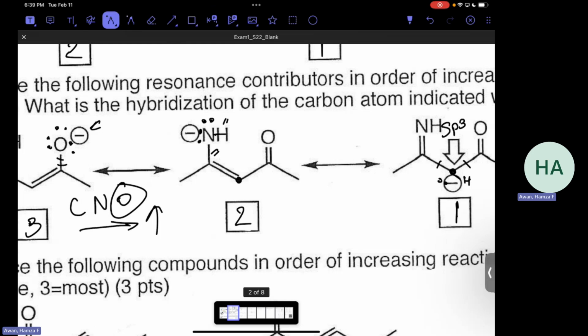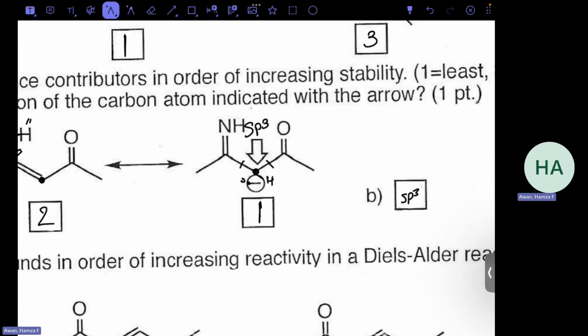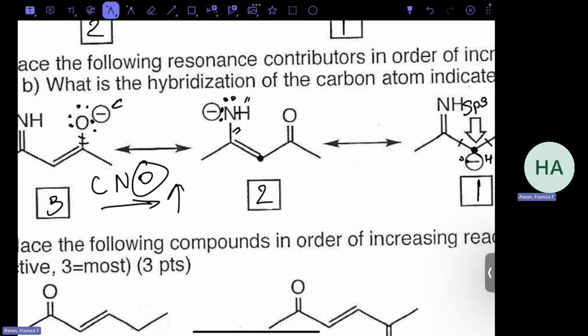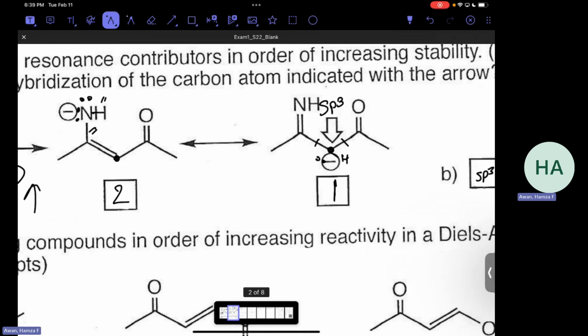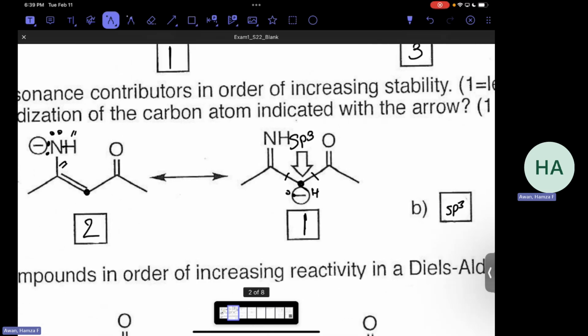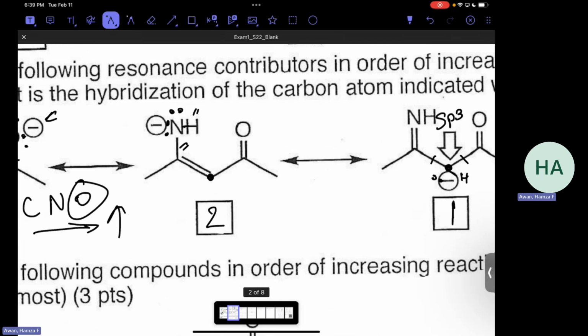And then the one on the left, if we just put sp3 in here, this would be incorrect, because we have to look at all of the resonance contributors for the actual hybridization, because the lowest hybridization is always going to be the actual hybridization, right? So on this left one, in this middle one, we have this as an sp2 with 1 hydrogen attached to it. So this carbon is sp2 versus this carbon's sp3.